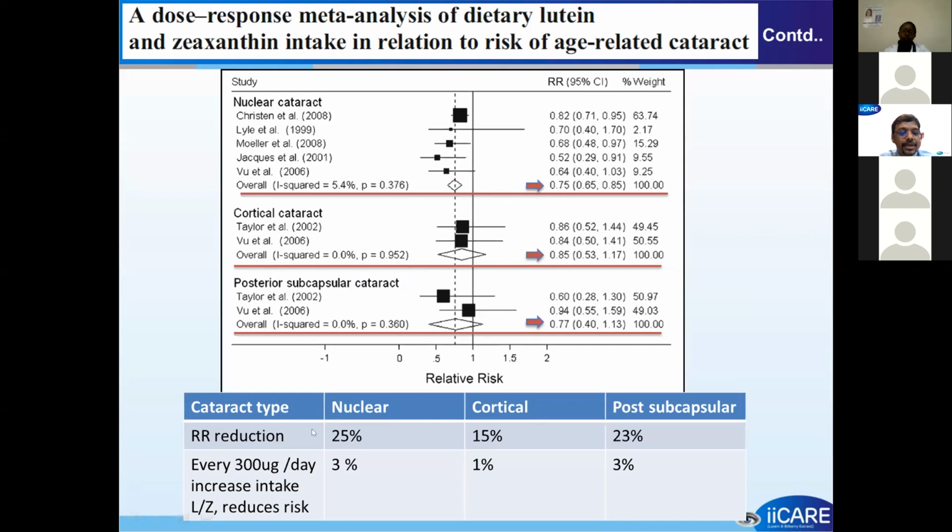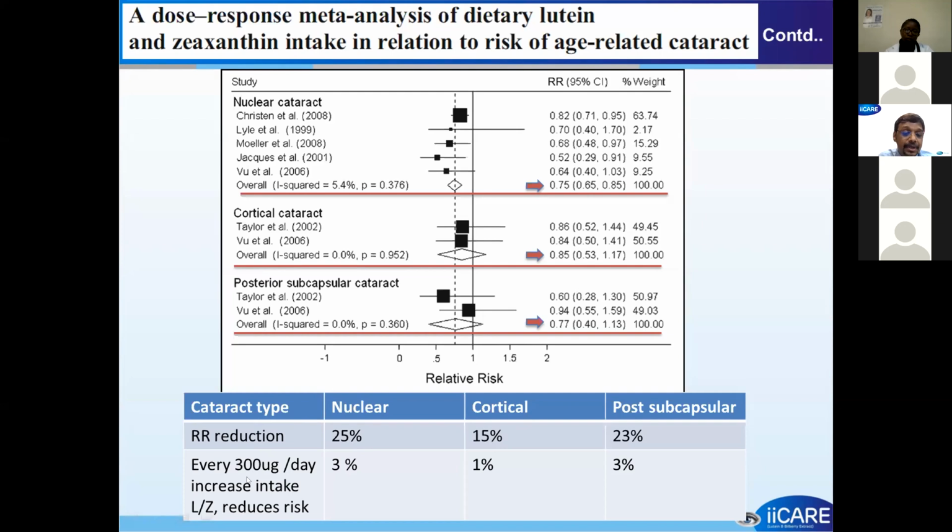In the comparison, the risk of nuclear cataract was 25% less with the highest lutein intake as compared to the lowest. And similarly for cortical cataract as well as post subcapsular cataract, again a significant risk reduction in the group which had the highest lutein intake.